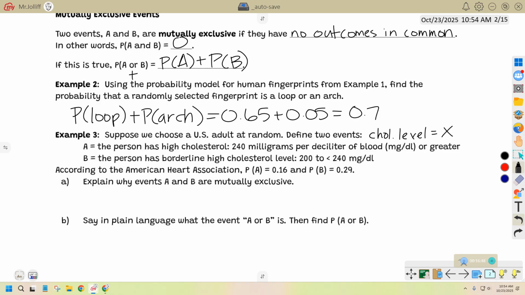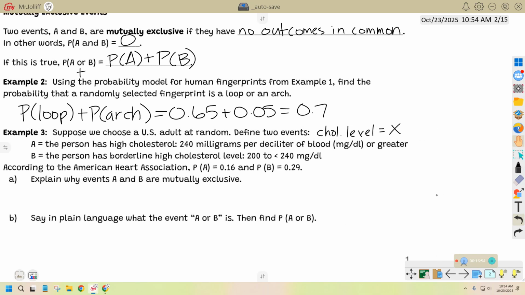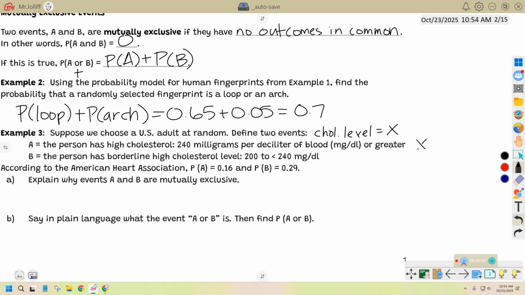So A says 240 or greater. So I know that's an X and a 240. What math symbol goes between those two things? Greater than or equal to. Very good, Caroline. 240 or greater means greater than or equal to. Perfect.